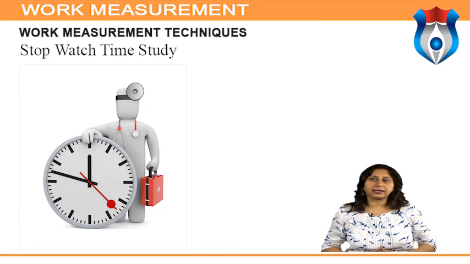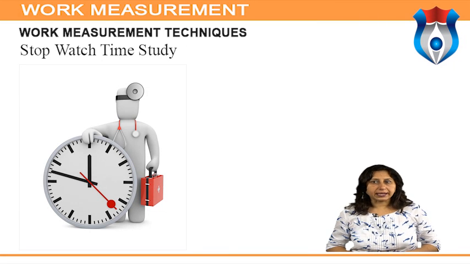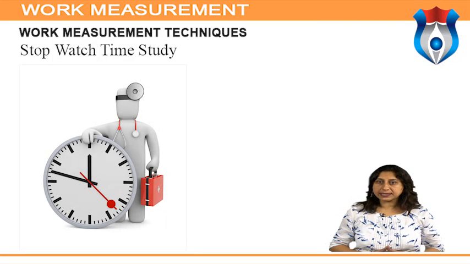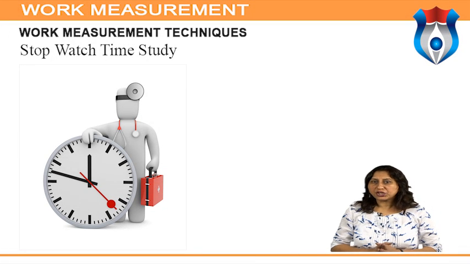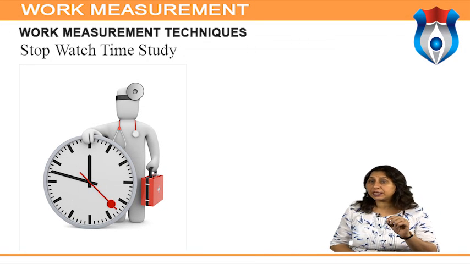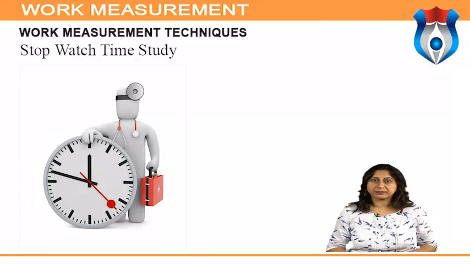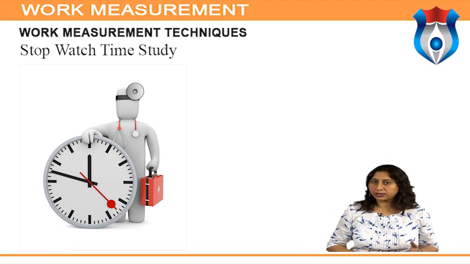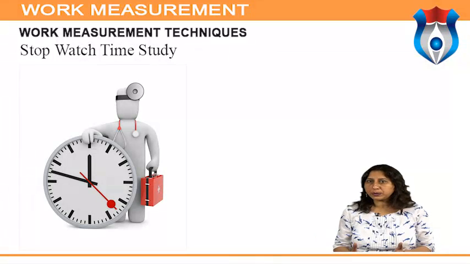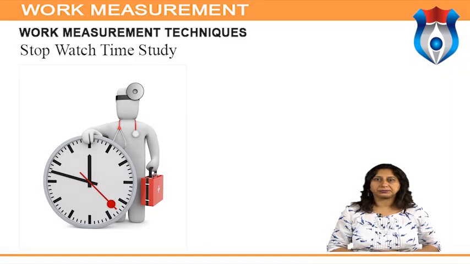Stopwatch time study. Stopwatch time study makes direct observations by means of a simple stopwatch, measuring generally to the precision of 0.01 minute. The observation equipment consists of the stopwatch, the recording board, the observation sheet and a pencil.